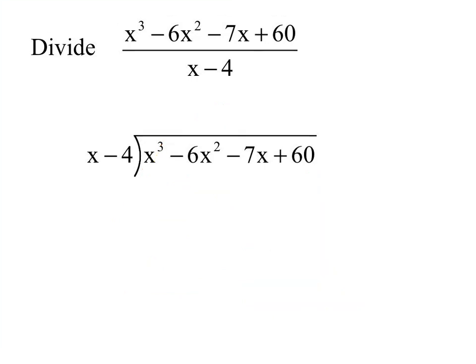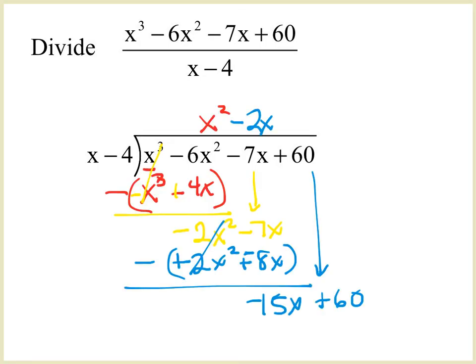Next. Oops, sorry about that. I take what goes into negative 15x. X times what equals negative 15x? It's going to have to be a negative 15. And so what I get is negative 15x.